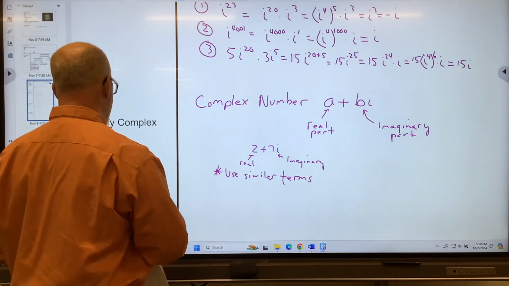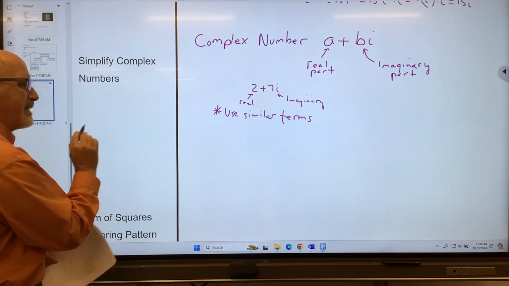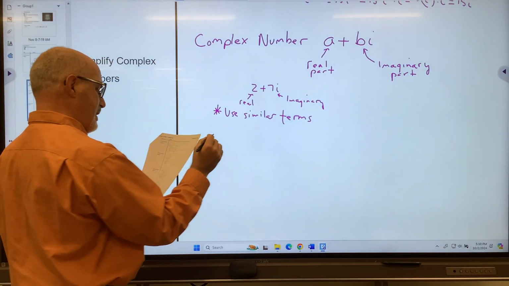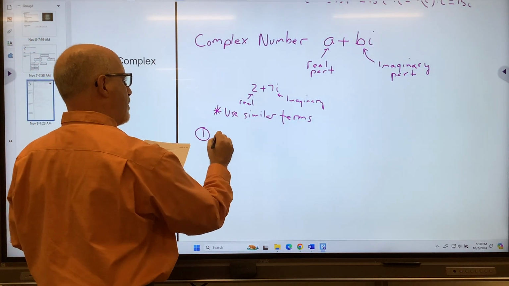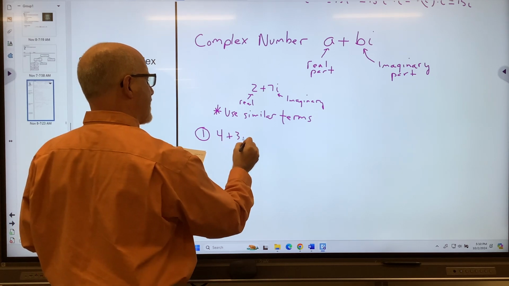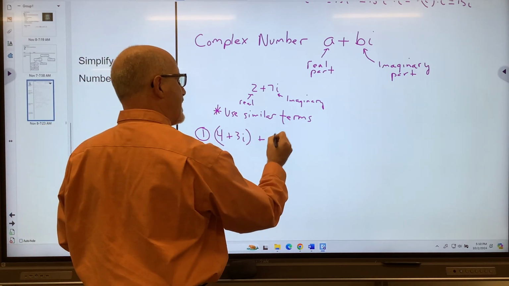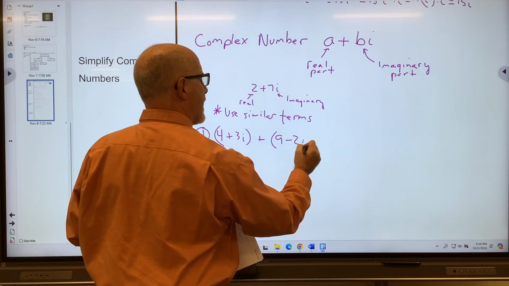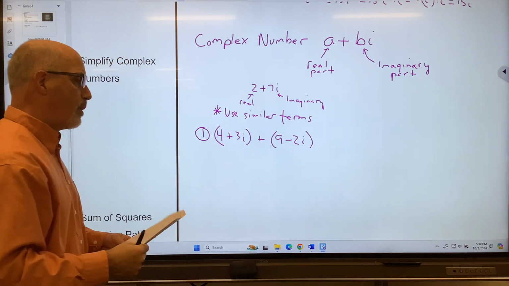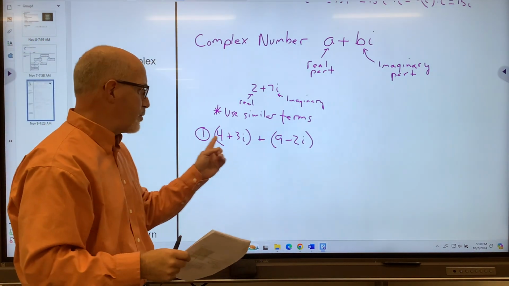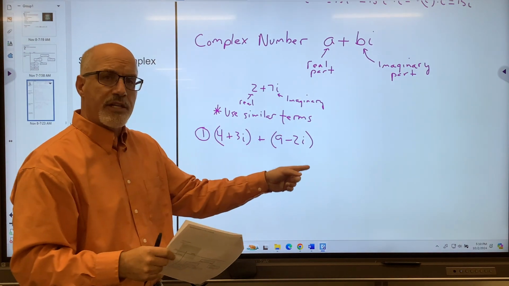That is critical for doing these problems. So when I take, for instance, 4 plus 3i, that's a complex number, and I'm going to add to it 9 minus 2i. These are two complex numbers, real part, imaginary part.